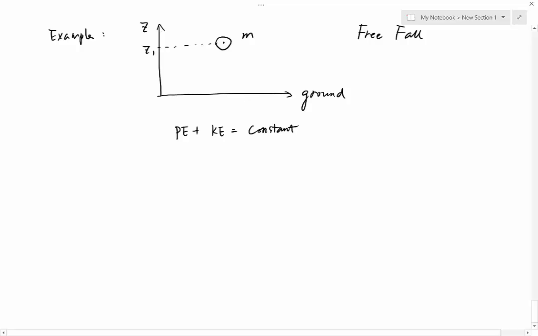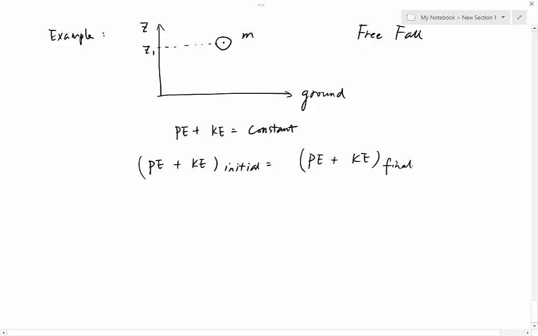Okay, so now if the combination of those two must be constant, then what we can do is: potential energy plus kinetic energy initial must be equal to the potential energy plus kinetic energy of the final.